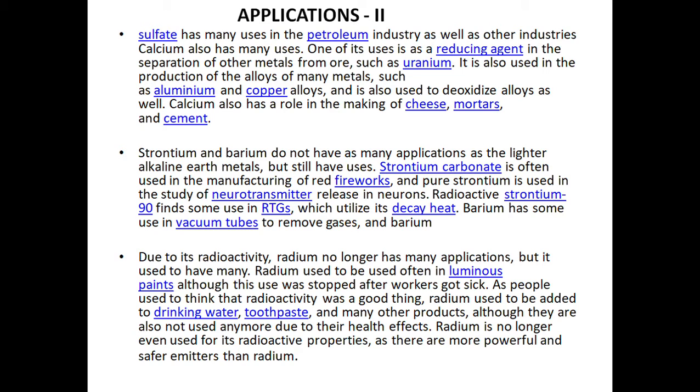Now we see the uses of strontium and barium. They do not have as many applications as the lighter alkaline earth metals, but still have some uses. Strontium carbonate is often used in the manufacturing of red fireworks, and pure strontium is used in the study of neurotransmitter release in the neurons.